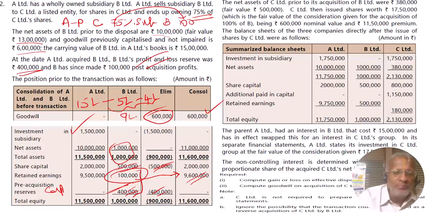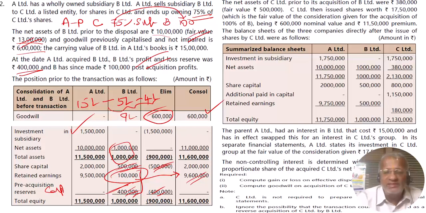Here one important thing that you understand is that the fair value of 13 lakhs, they have not incorporated in the consolidation. I am just trying to communicate what they have just done. Whether it is right or wrong, that is a different story that we will take up separately.